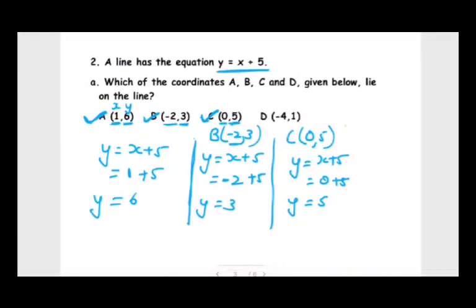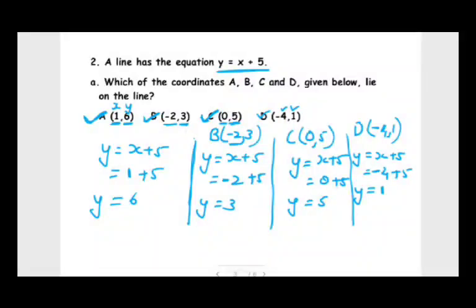Is it good for D? D is minus 4 and 1. y is equal to x plus 5. If x is minus 4, plus 5, my y value is 1. So is it good? Yes.